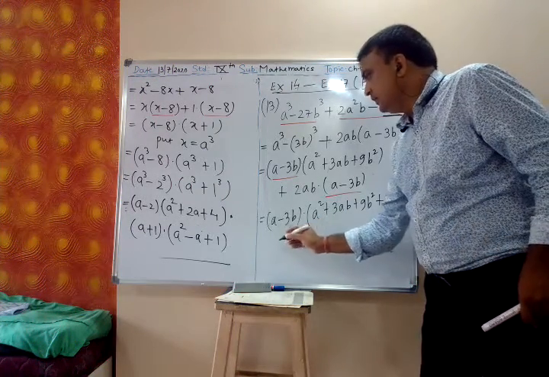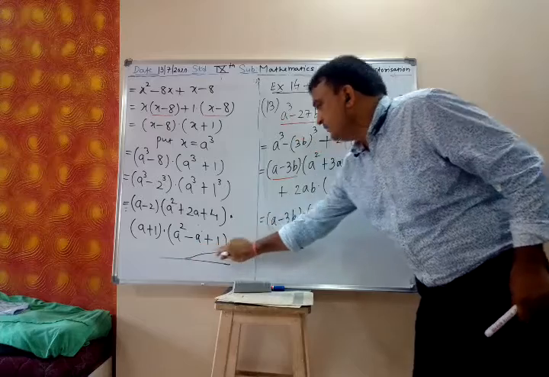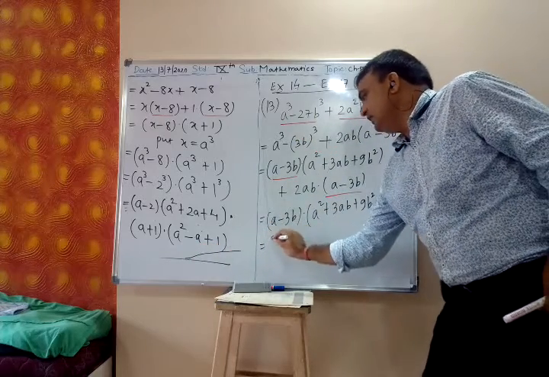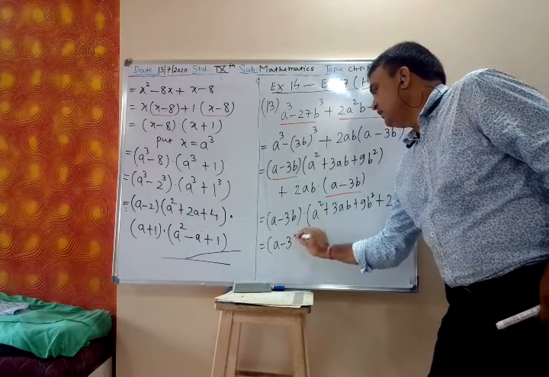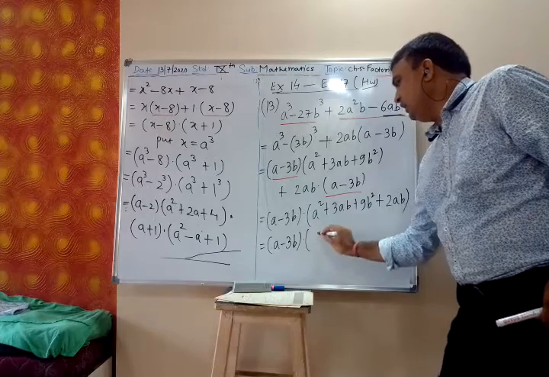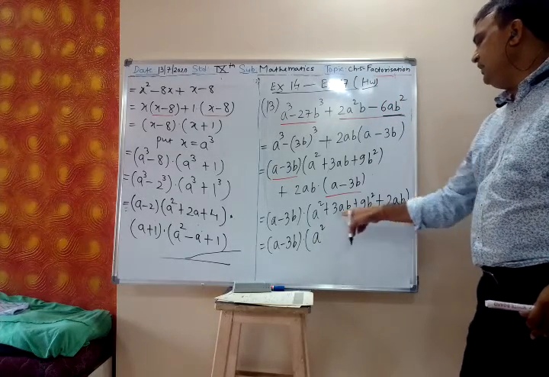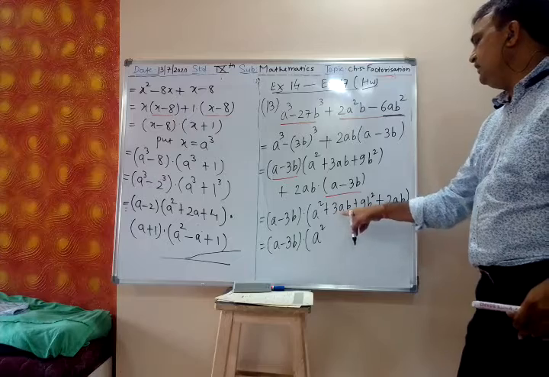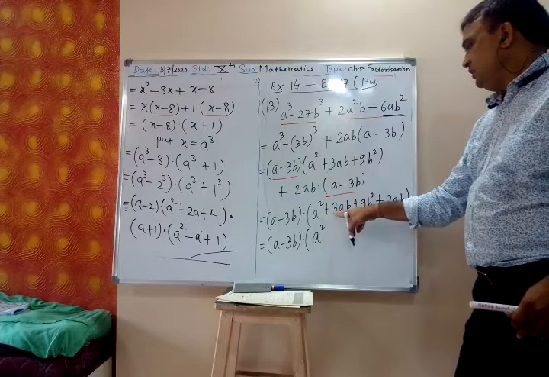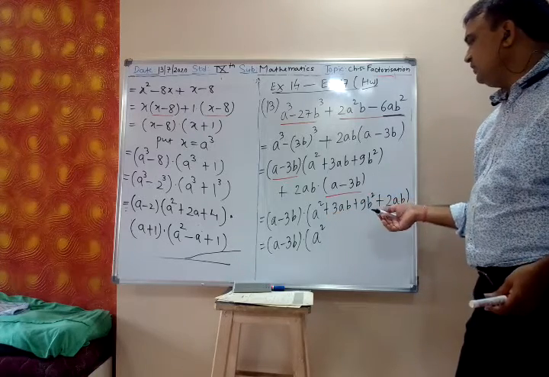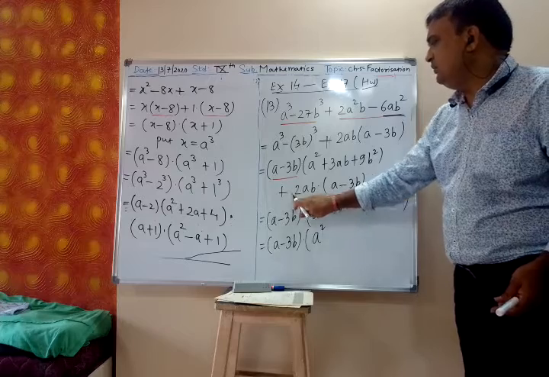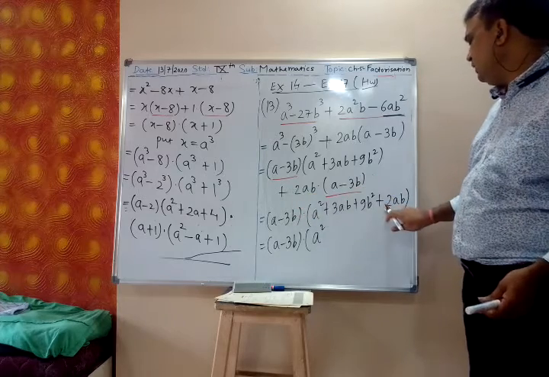Well, this is the answer final. So that is a minus 3b into a square plus 3ab, and plus 2ab I can add because they are like terms, same variable, same power. Now how plus 1 will come? Because it is 2ab, no? 2ab is there, so 2ab will come.